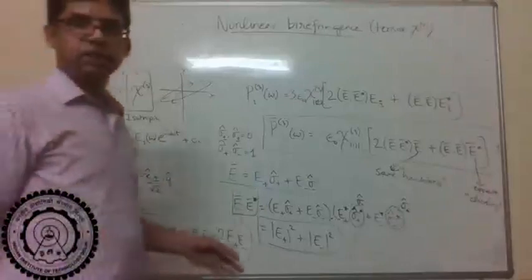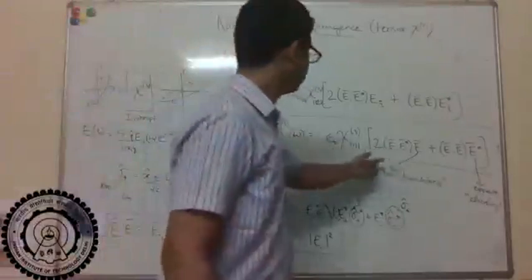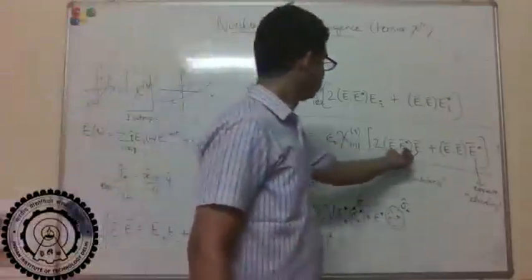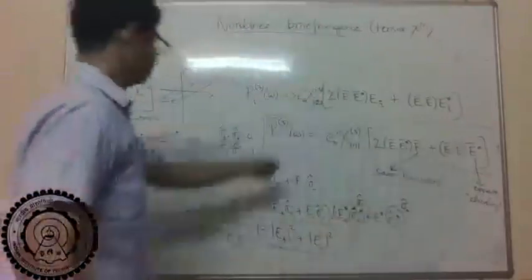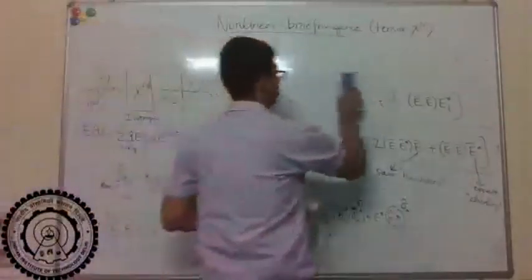Okay, so the next step is, in this polarization expression, we've computed E dot E star and E dot E. So you can just plug in those values.